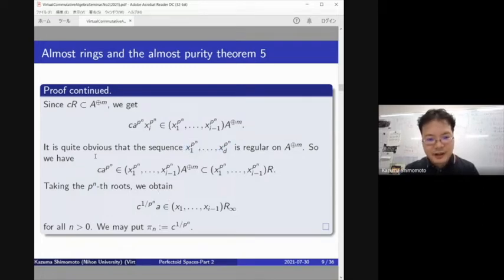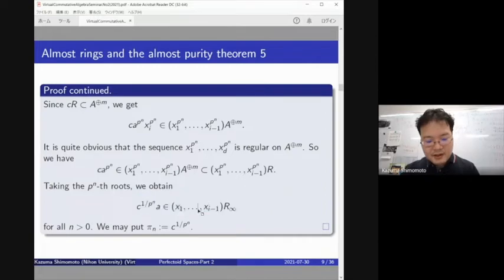This regularity shows that this c times a to the p to the n is contained in this intermediate ideal, which is further contained in this ideal. So that's why I use A, because this is regular. Then taking the p to the nth roots, we obtain the following relationship.